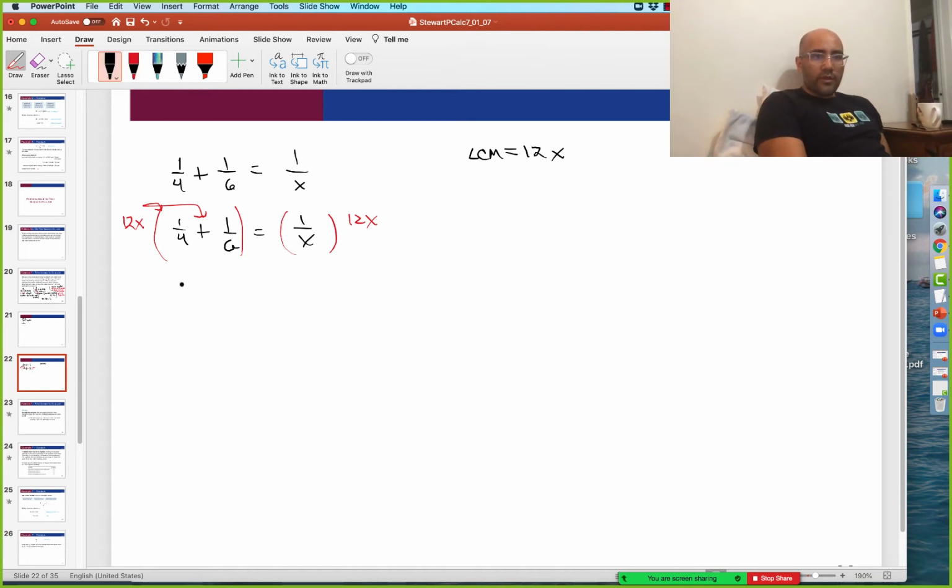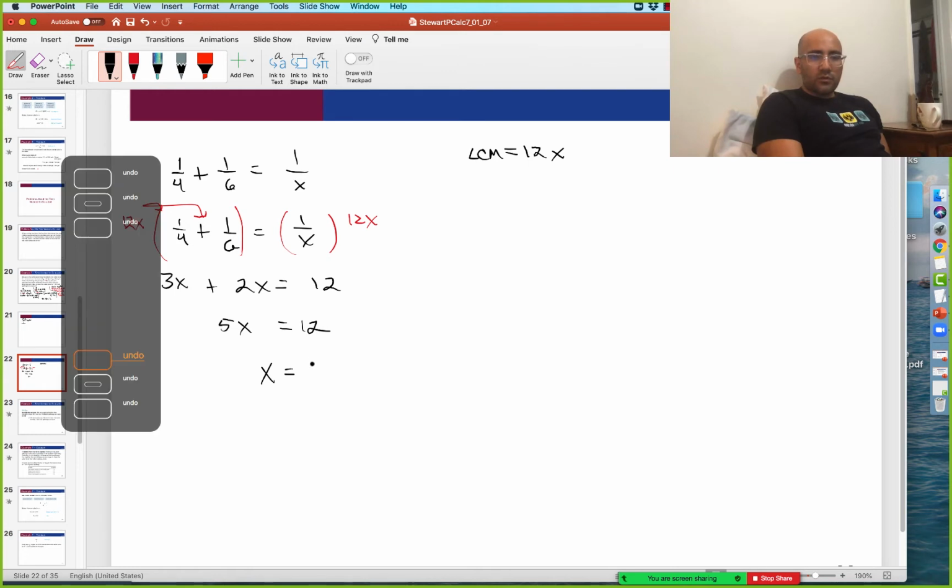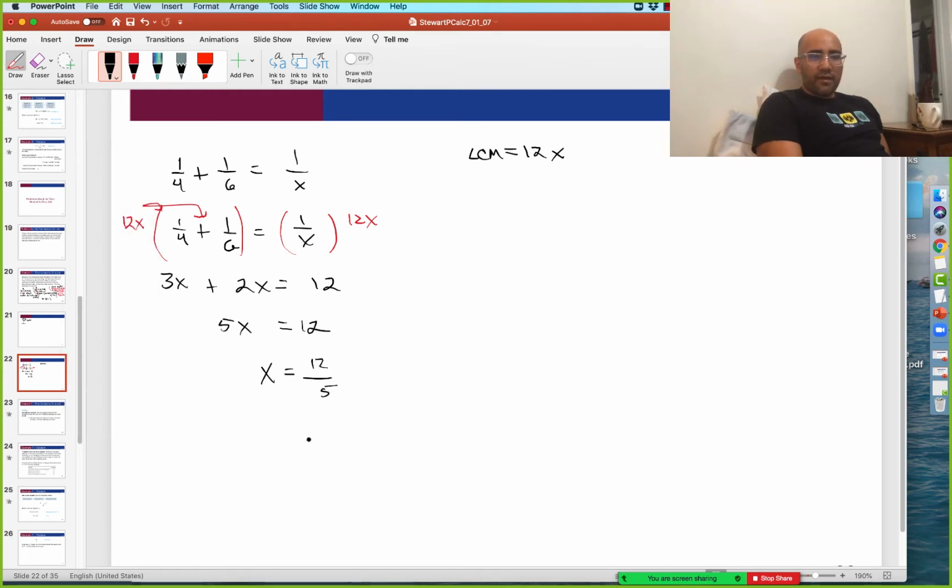We end up with 3X plus 2X equals 12, which gives us 5X equals 12. And so X equals 12 divided by 5. So X equals 2 2/5 or 2.4.